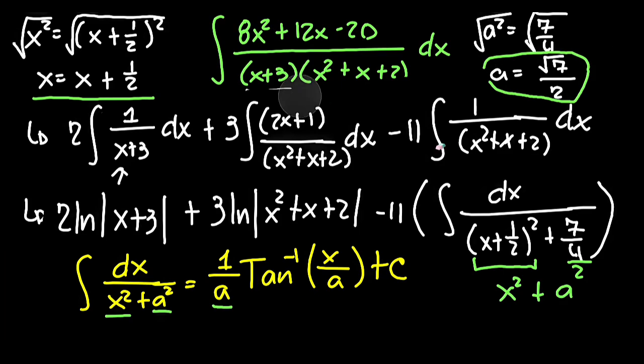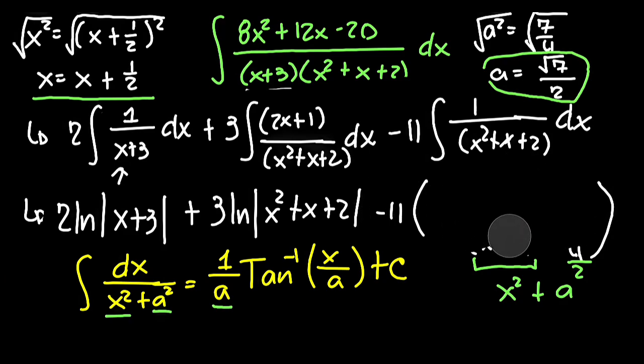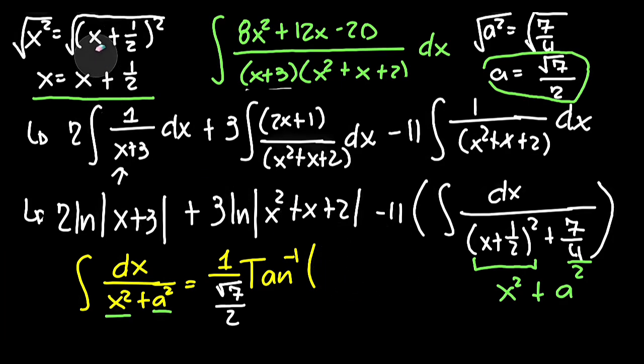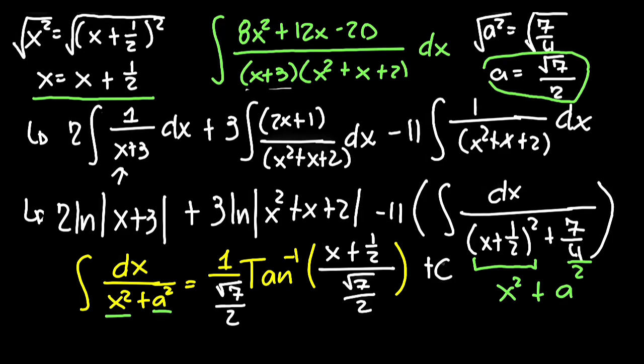Now that we have this, we can now replace this one. A here in this case would be equal to square root of 7 over 2, and x here would be equal to x plus 1/2, all over the value of a, which is square root of 7 over 2, and add plus c, which makes this your integral based on in here.